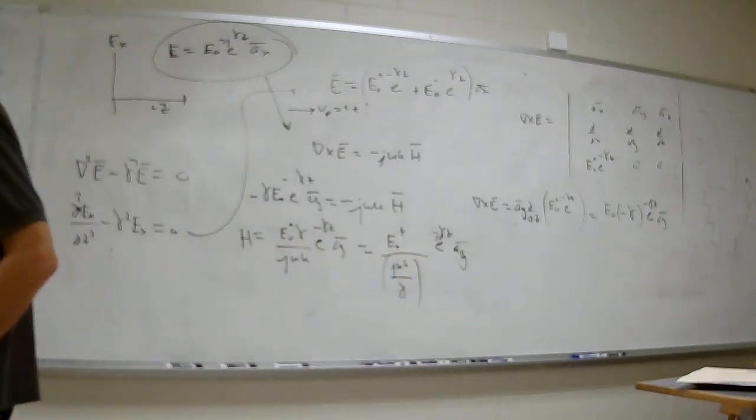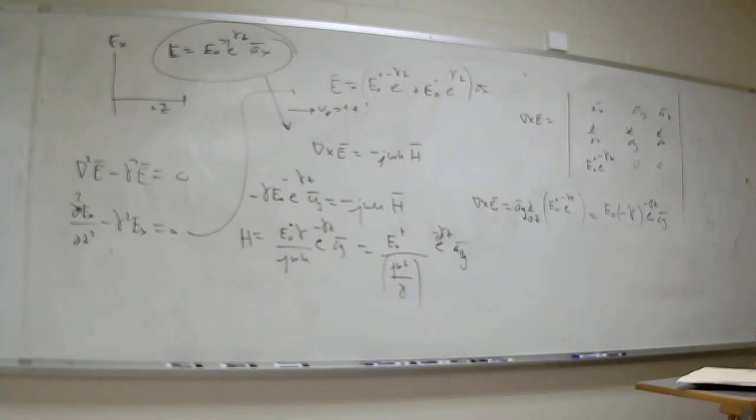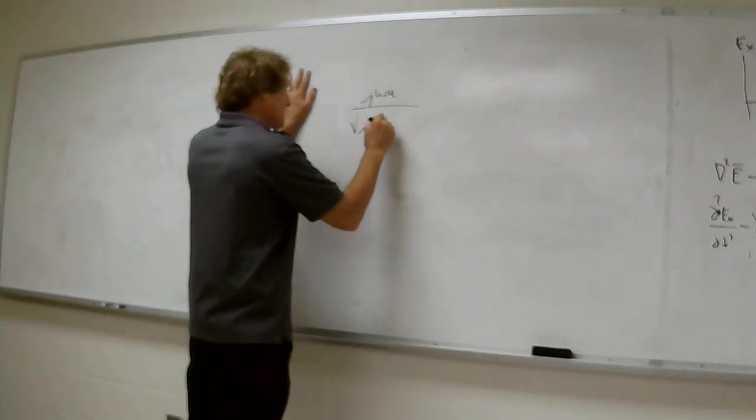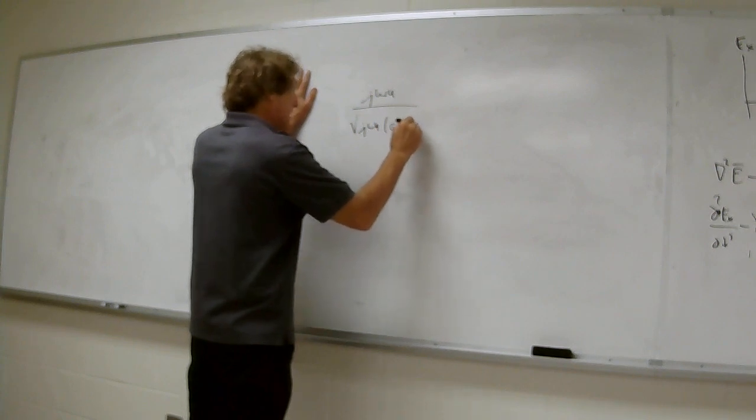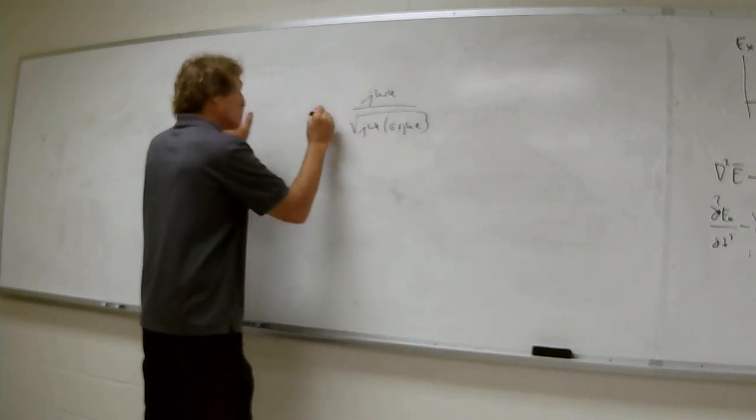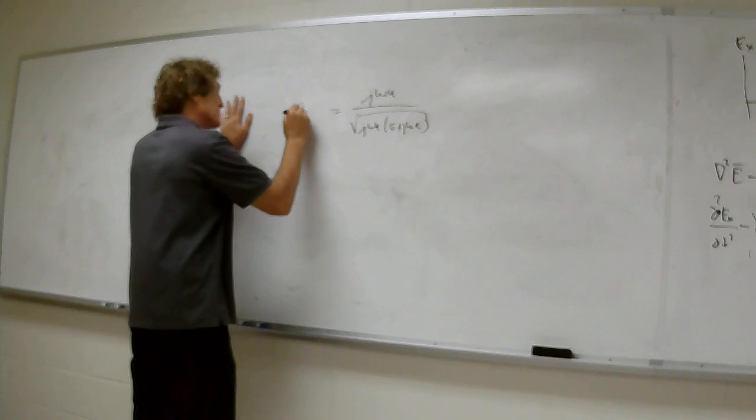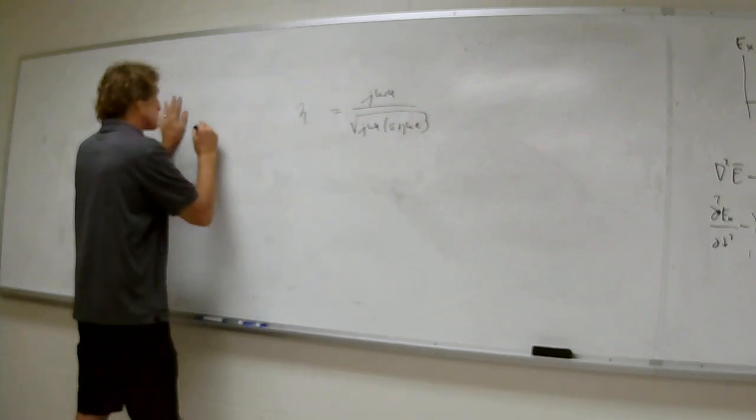Now, gamma is the propagation constant. So I want to talk about that. If I have j omega mu over the square root of j omega mu times sigma plus j omega epsilon. I'm going to give you a second. I'll tell you what the term is. It's called the intrinsic impedance right here.